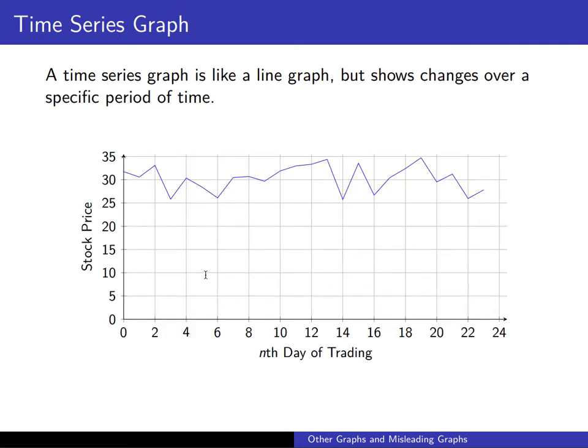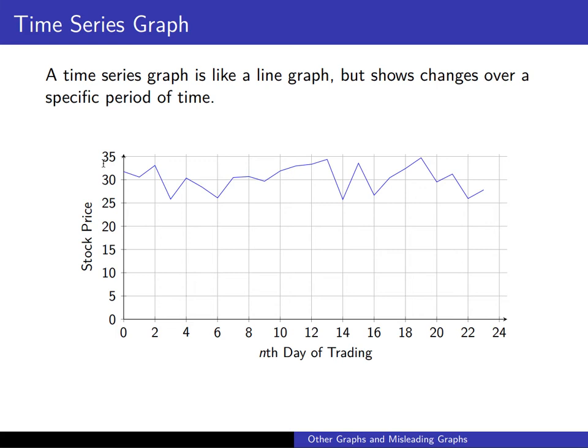Related to a line graph is a time series graph, which shows changes over a specific period of time. So here we're looking at a very common time series graph, which is stock price. The x-axis, the horizontal axis, represents the nth day of trading: first day, second day, third, fourth, etc., all the way up to the 23rd day of trading, and then the stock price.